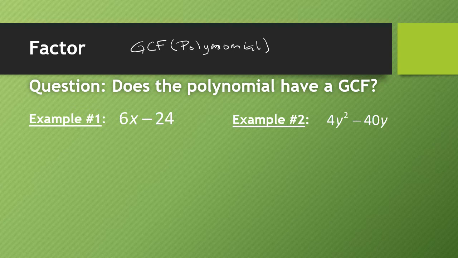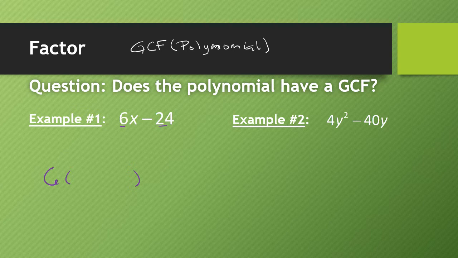So let's look at example 1. Always ask yourself, if you're factoring, I don't care what you're factoring, question number 1 is always, does the polynomial have a greatest common factor? So when I look at this polynomial, I'm looking at 6 and 24, and I realize that 6 and 24 both have a 6 in common. So 6 is my common factor, and that's going to come out front.